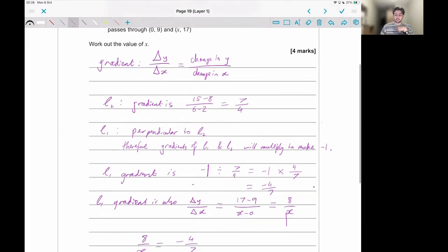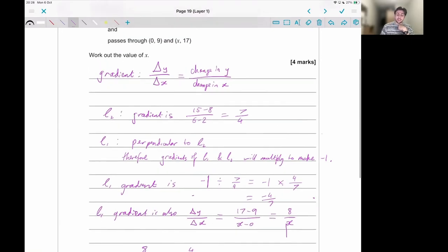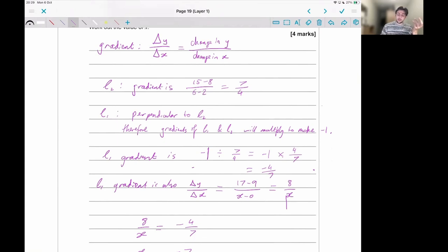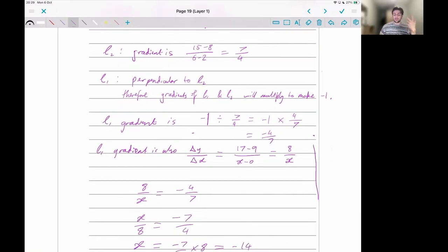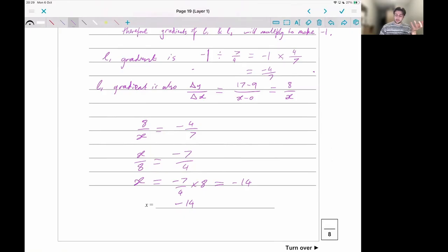So we could work out the other gradient. Then we worked out the gradient again using a different method, using the change in y over change in x method. And then we know that those two ways of calculating the gradient have to both be equal. So we can make them equal, rearrange for x, and we're done.